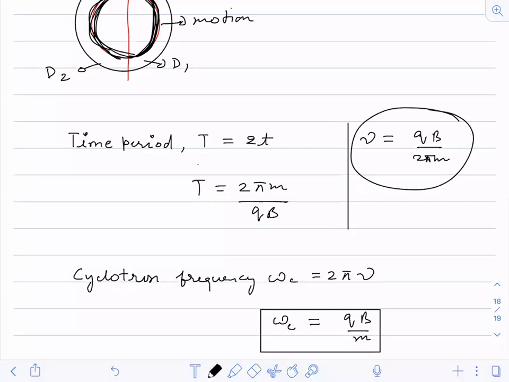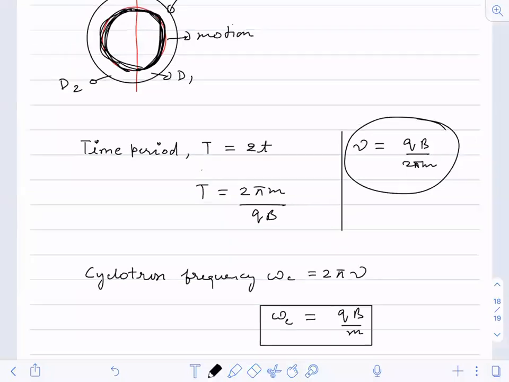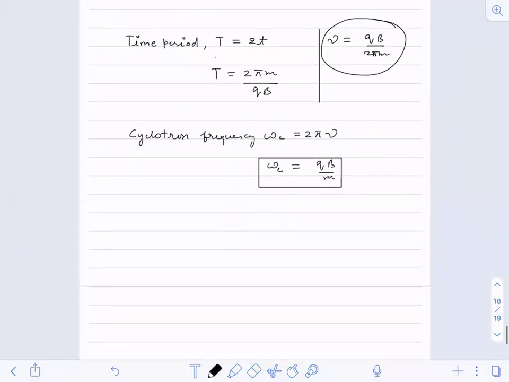Now we are going to see the limitations of the cyclotron.